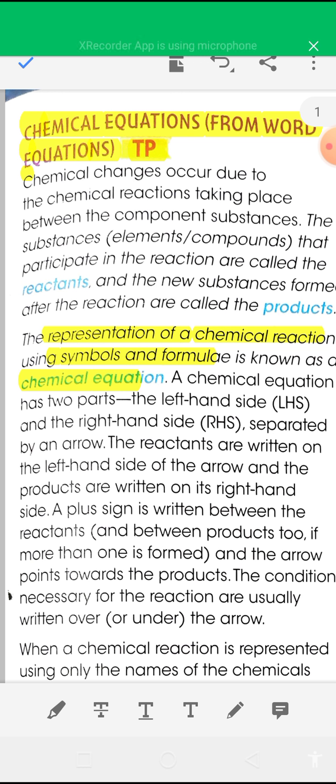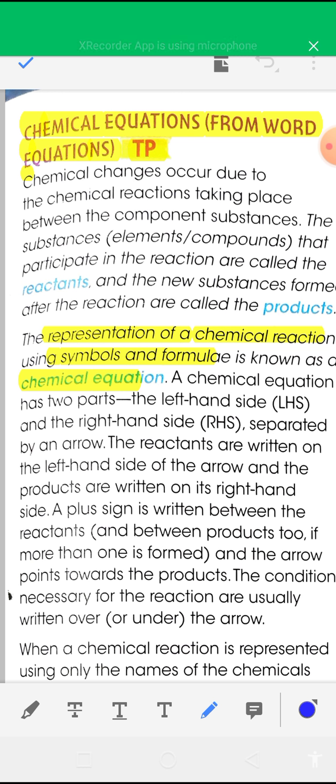You know, in a chemical reaction, there are some chemical compounds or substances that participate in the reaction, known as reactants, and the substances that are formed after the reaction are products. For example, when magnesium reacts with oxygen, it forms magnesium oxide.